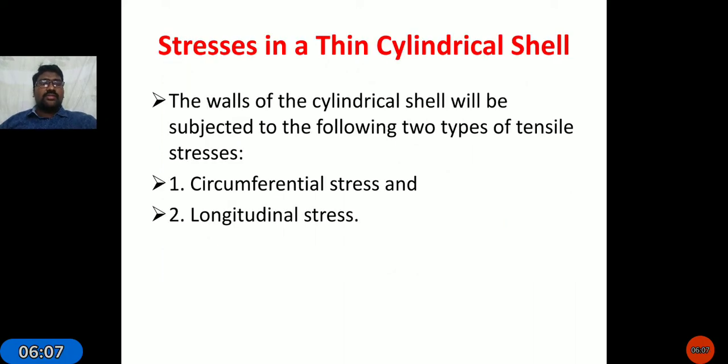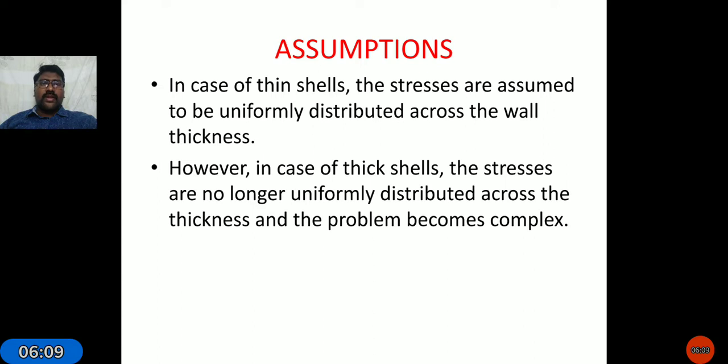Next, before deriving the relations to find the stresses in cylindrical shells, we need to follow some assumptions. In the case of thin cylindrical shells, the stresses are assumed to be uniformly distributed across the wall thickness. During travelling, the stresses inside the cylindrical walls will vary because the fluid will hit the walls due to speed breakers or brakes, so some regions are affected more.